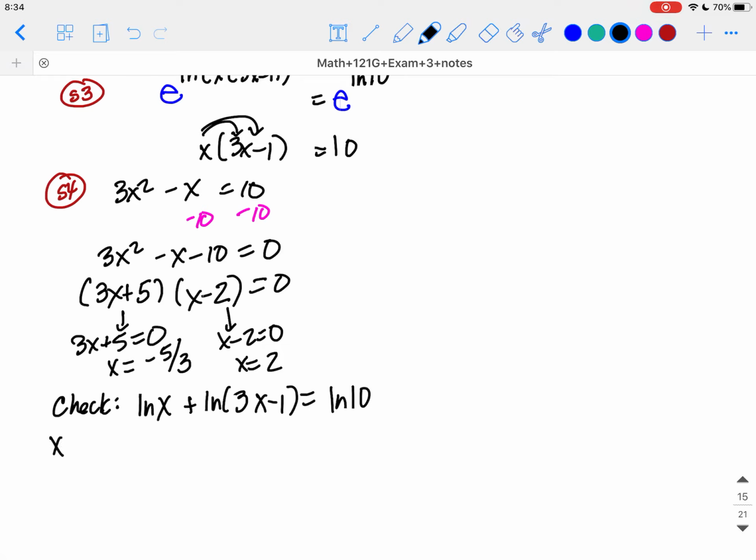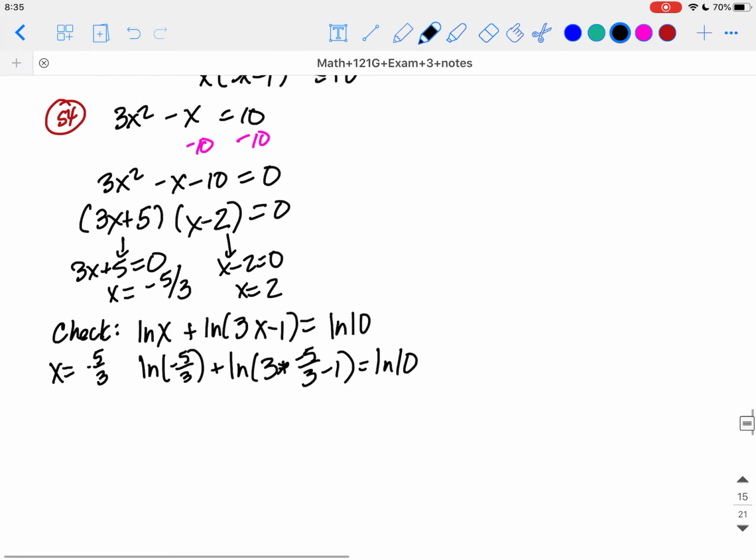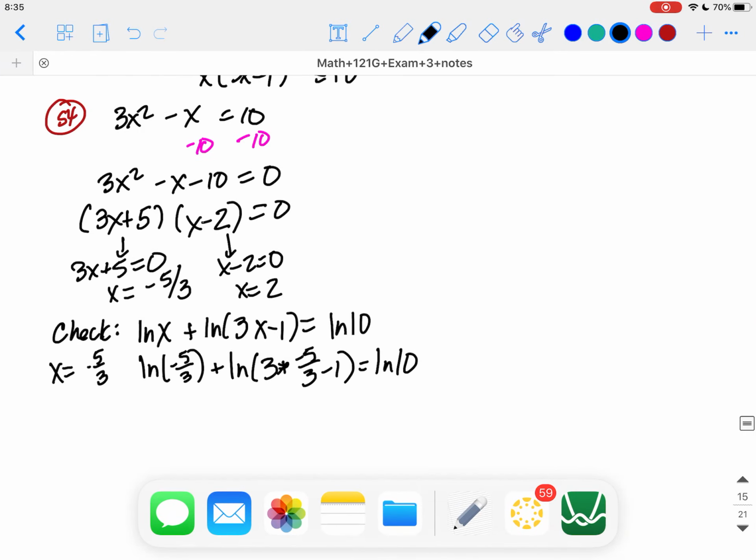So we need to check the negative 5/3. So x equal to negative 5/3. So it's going to be ln of negative 5/3 plus ln of 3 times negative 5/3 minus 1. We want to know if it's going to be equal to the ln of 10.